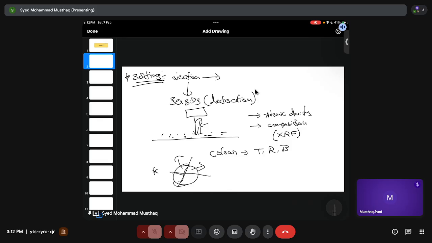In dry magnetic separators, again you have low field, high field, low intensity, high intensity. So there are different types, right? I'm not going to discuss all those because sir has already covered them. Now moving on to the next one.